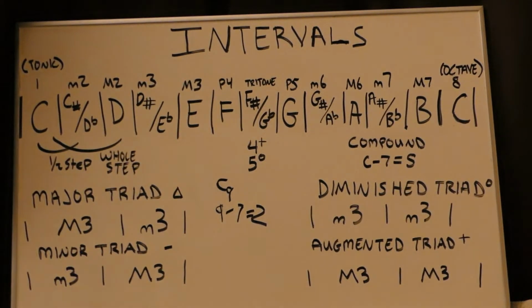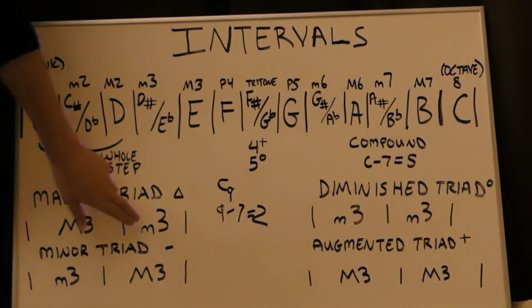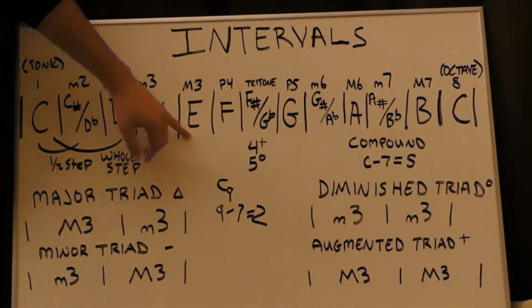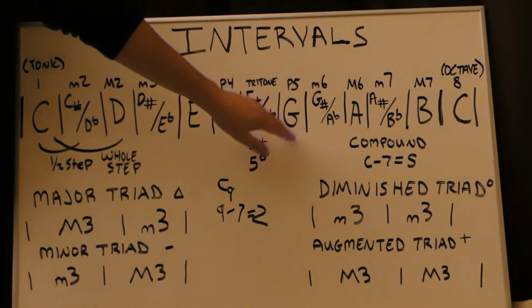So the first one we have is a major triad, which is constructed of a major third and a minor third. So if we're on C, we go up a major third, which would be E, and then we go up a minor third, which is 3 half steps away to our perfect fifth.